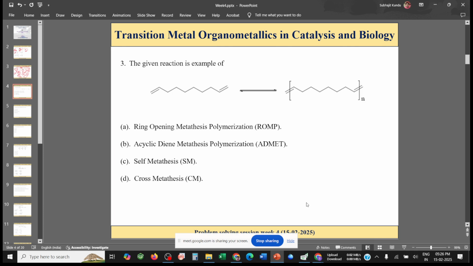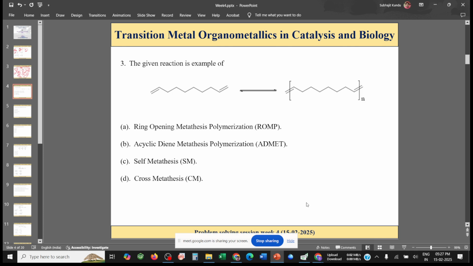So the first option is ring opening metathesis polymerization.